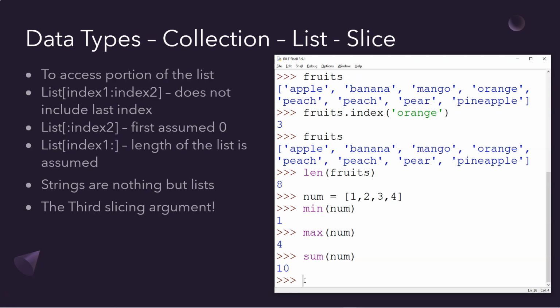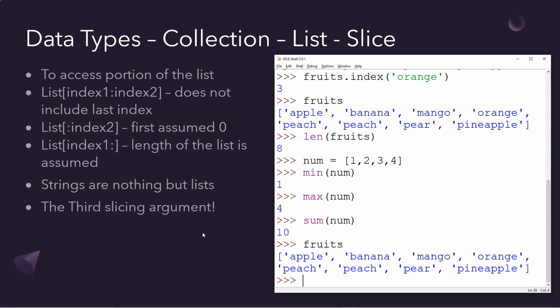Another important thing about lists is slicing. A lot of the time we have a large list and we want to slice it to get a sublist out of it. For example, in our case, we have fruits, where we have 8 different fruits, and we want to access a portion of that list.